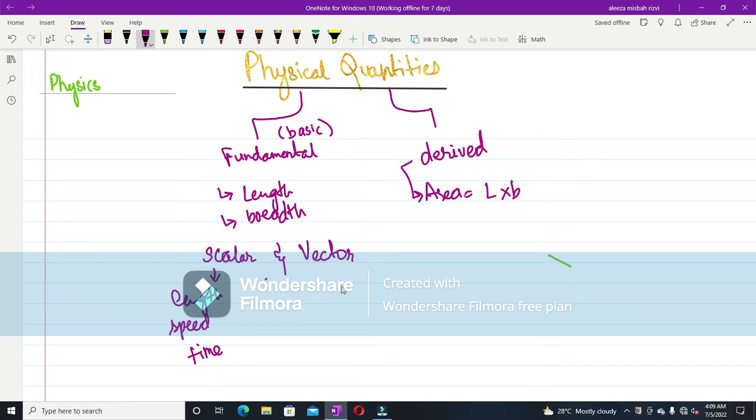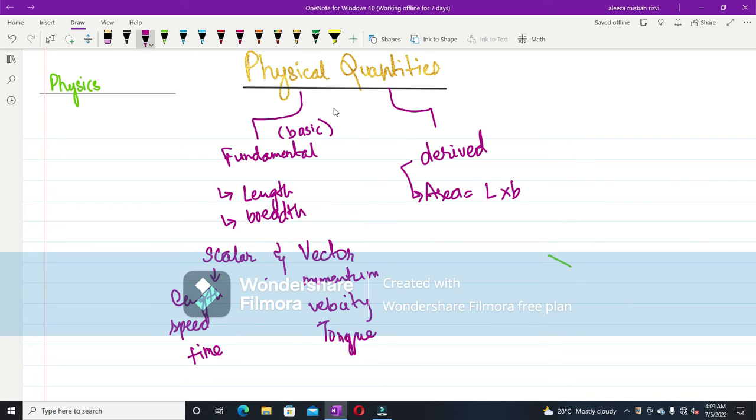Okay, so examples of vector quantities can be momentum, velocity. Let me write it: momentum, velocity, and torque.